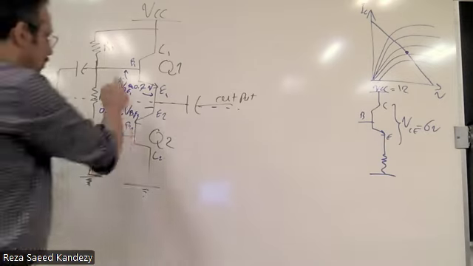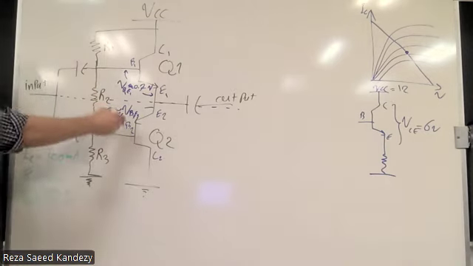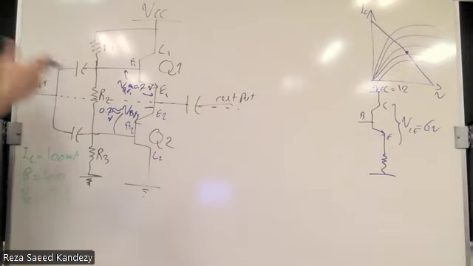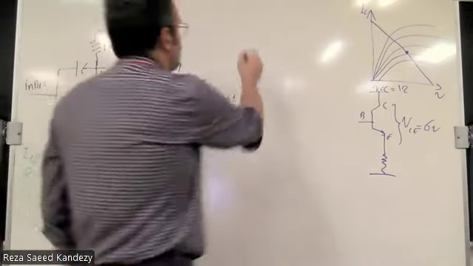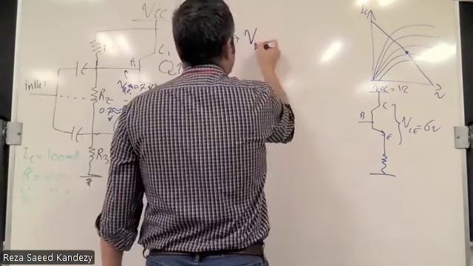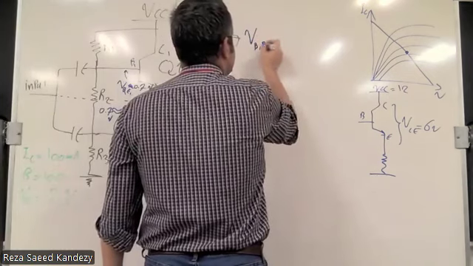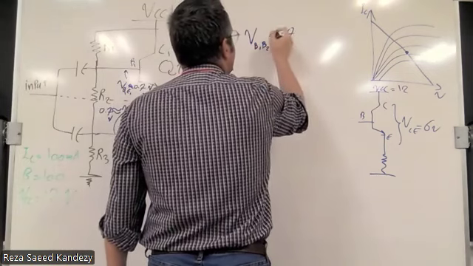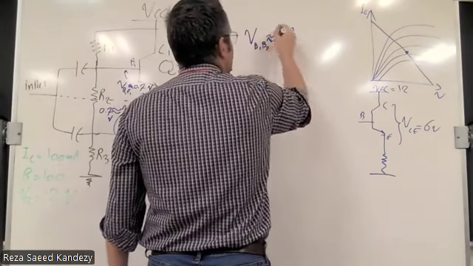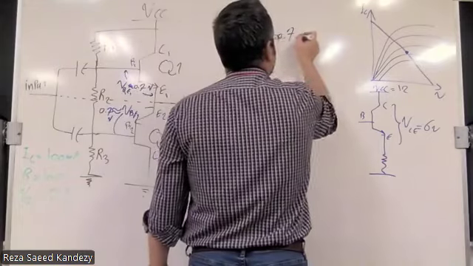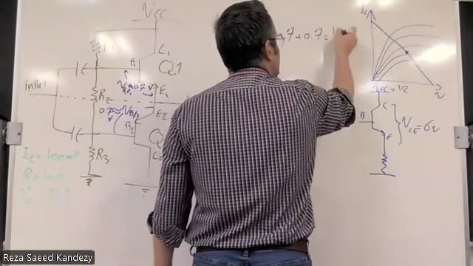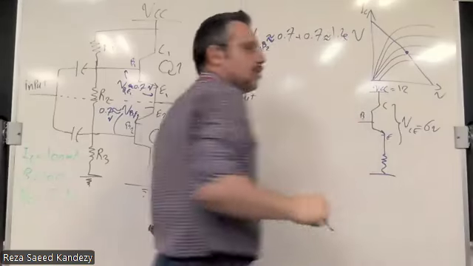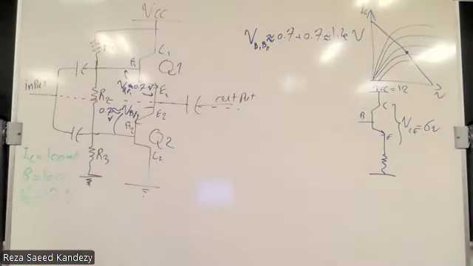So the first result of this assumption, which is the result of a strong bias that we want to have, is that the voltage between the two bases is going to be 0.7 plus 0.7, which is 1.4 volt, around that area.